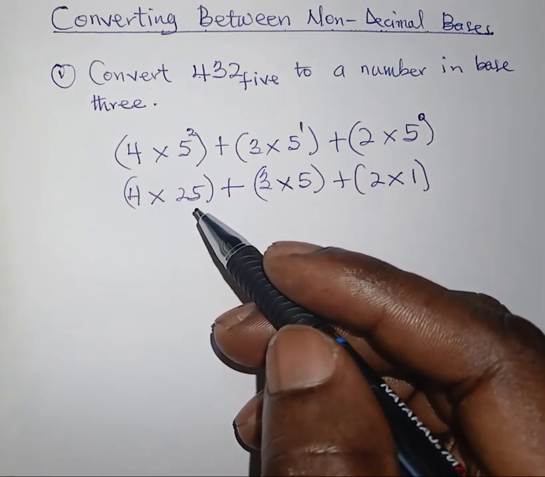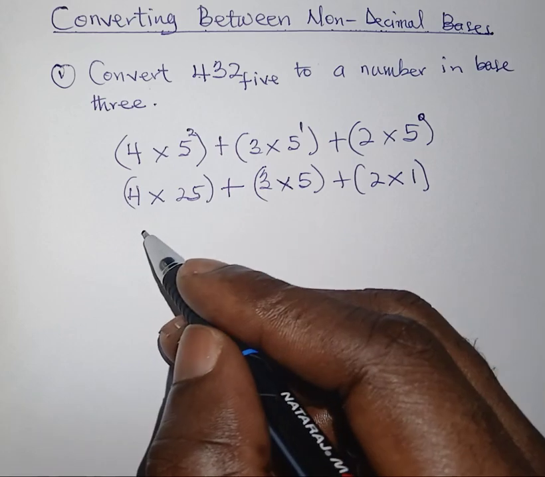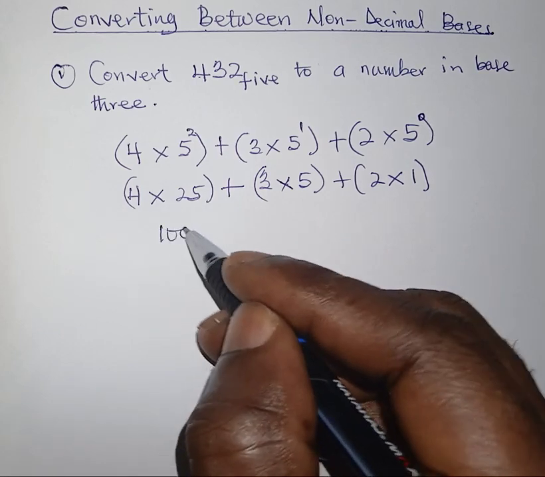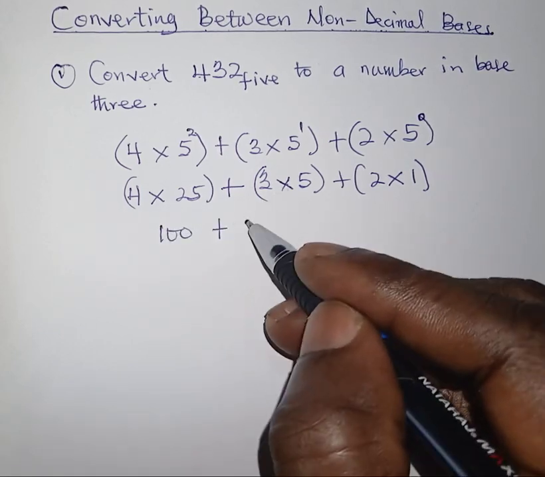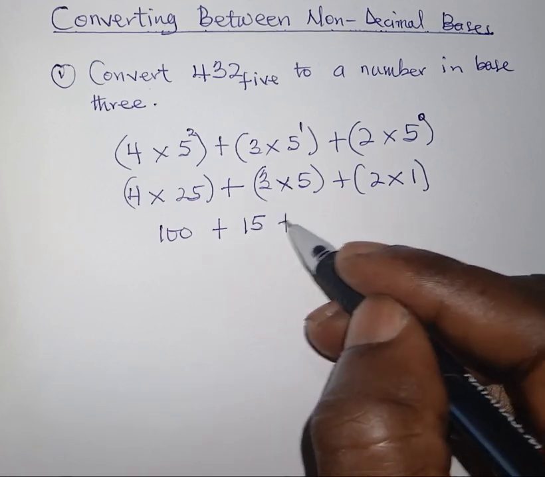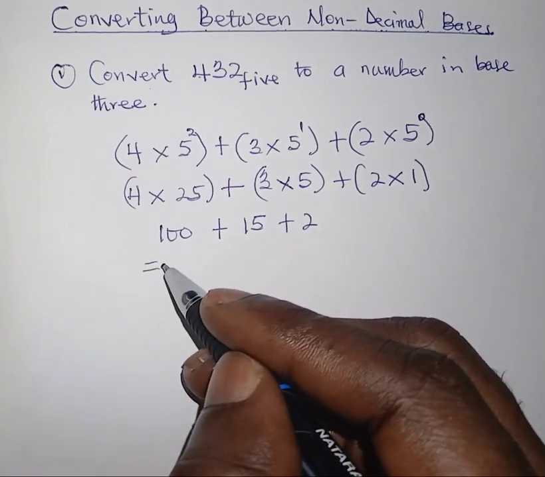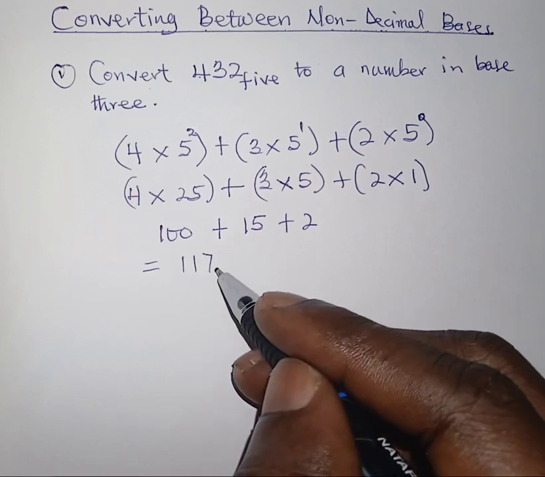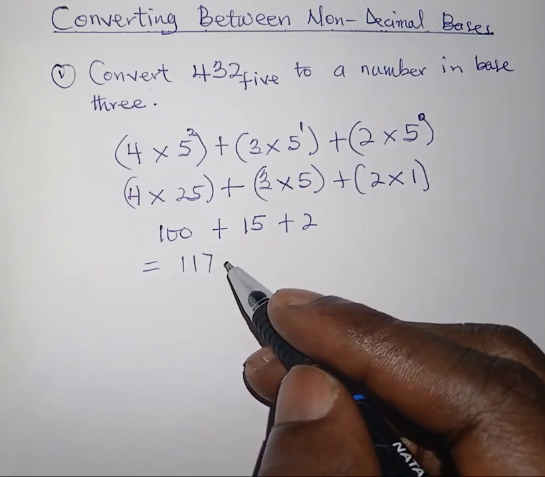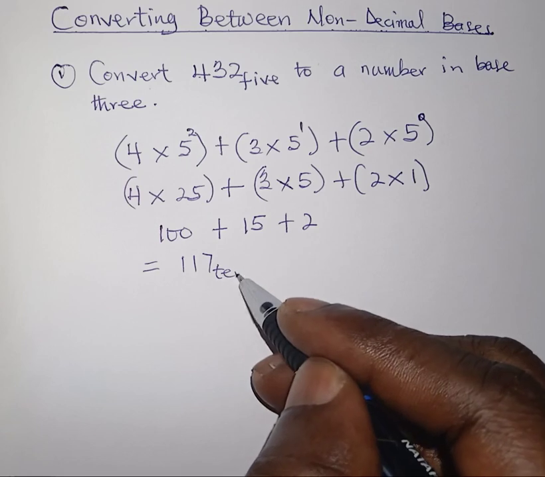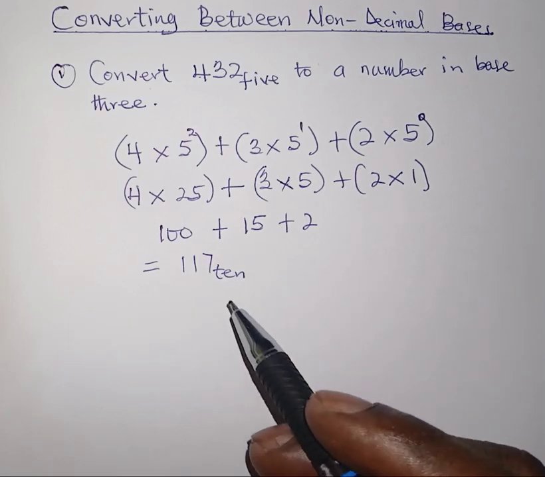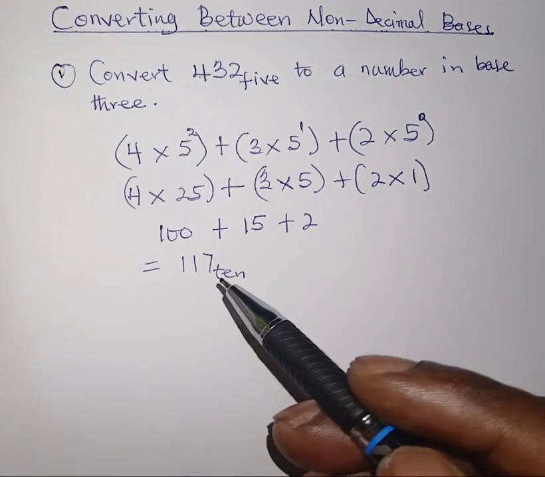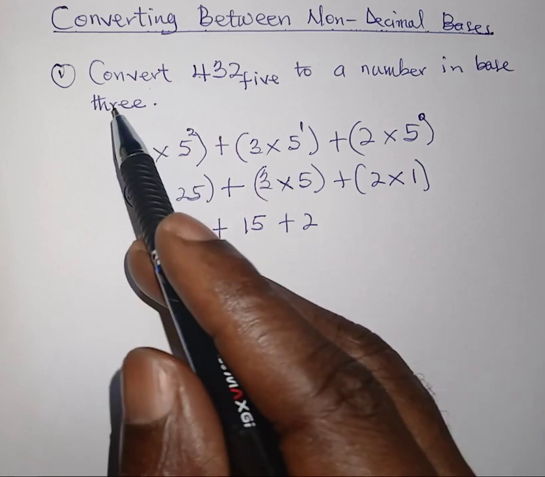You are going to get 100. So this is 100 plus 15 plus 2, and that gives me 117, or 117 base 10.